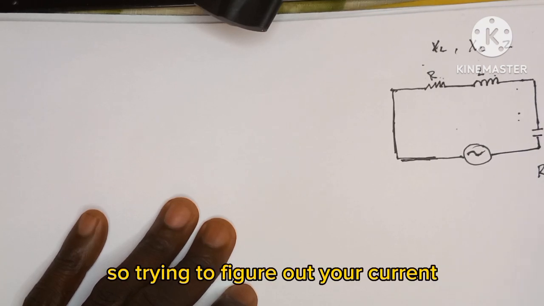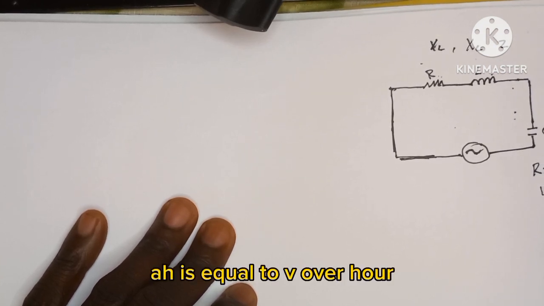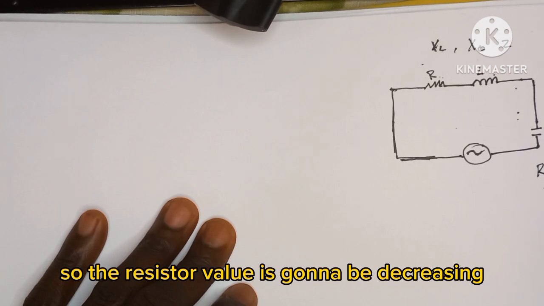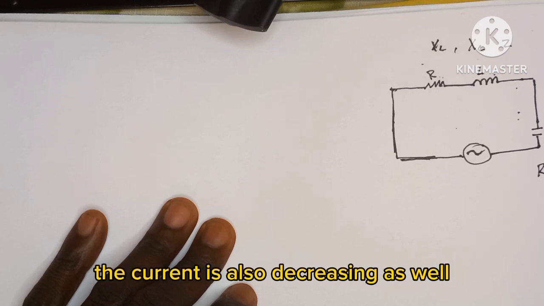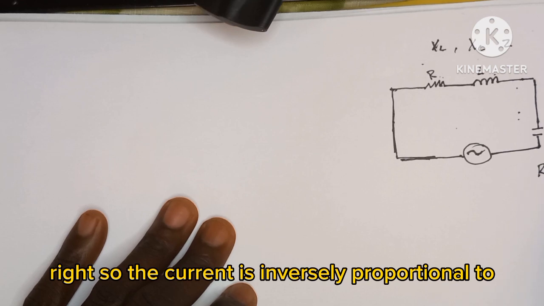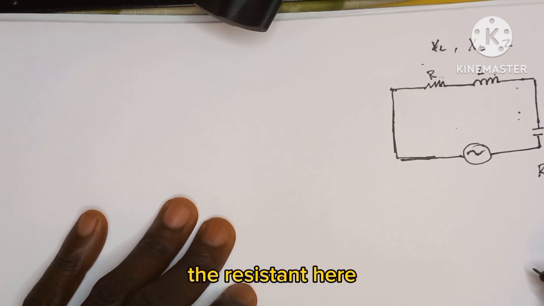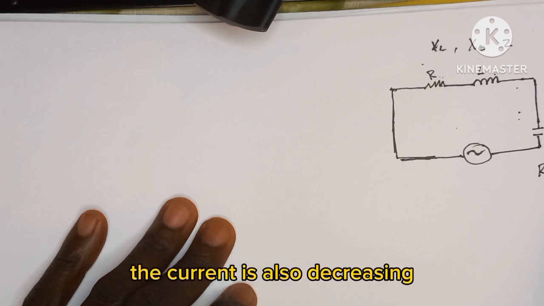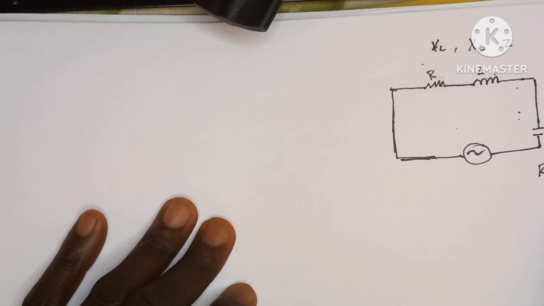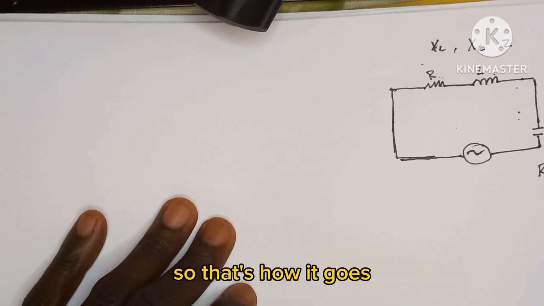So to figure out your current, you have the equation I is equal to V over R. So the resistor value is going to be decreasing the voltage here, and as the voltage is decreasing, the current is also decreasing, right? So the current is inversely proportional to the resistance here. As the resistor value is increasing, the current is decreasing. As the voltage is increasing, the current is increasing. So that's how it goes.